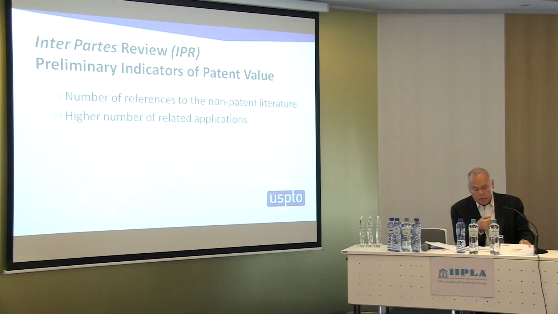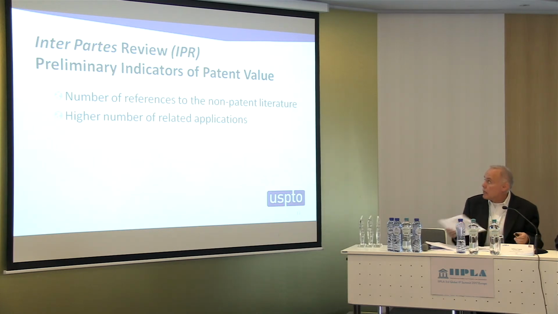One of the things we're finding is that they have a high number of references to the non-patent literature. So it's more the NPLs. Also, we find a higher number of related applications. And what I mean by this is we find a higher frequency of continuations, CIPs, divisionals, and RCEs.